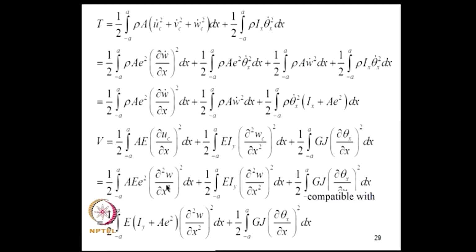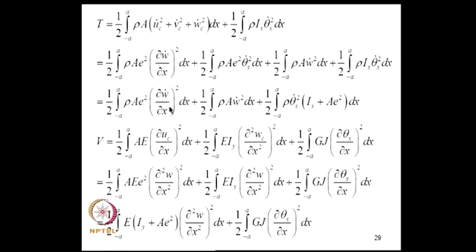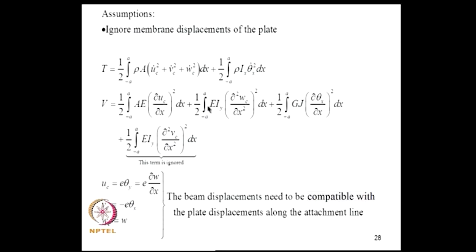Through these equations, if I make these substitutions, I get for UC dot, for example, E dou W dot dou x. So, that is what is here, and similarly other terms are represented, and I get the expression for kinetic energy in this form. Similarly, strain energy is given by these three terms.